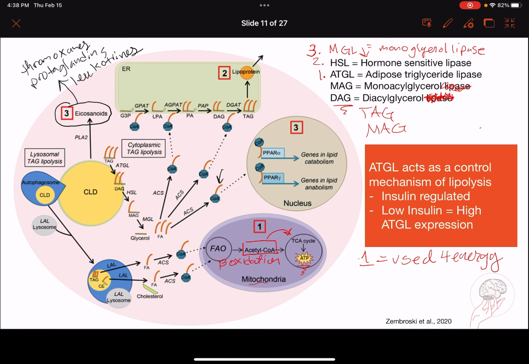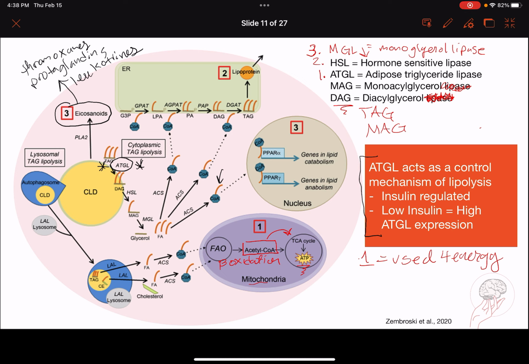So, something to keep in mind in this process is that adipose triglyceride lipase is the control mechanism of this lipolysis. So right here, put stars by it. This enzyme is regulated by insulin. If we have low insulin, we have high adipose triglyceride lipase expression.